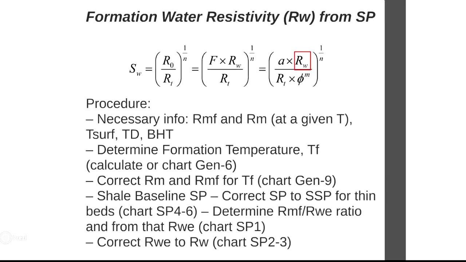Determine formation temperature, TF, correct RM and RMF to TF, find the shale baseline SP, correct SP to SSP for thin beds, determine the RMF over RWE ratio, and last, correct RWE to RW.